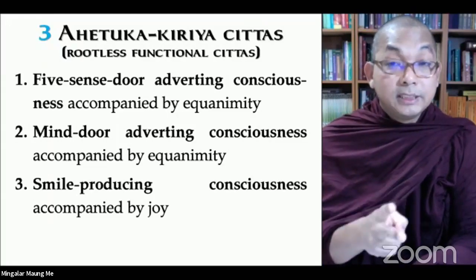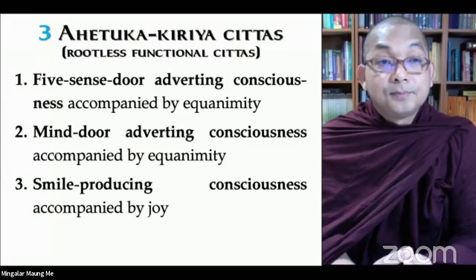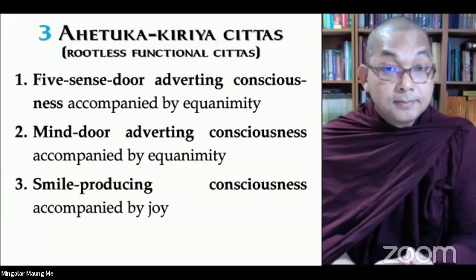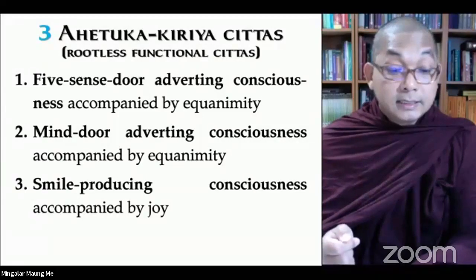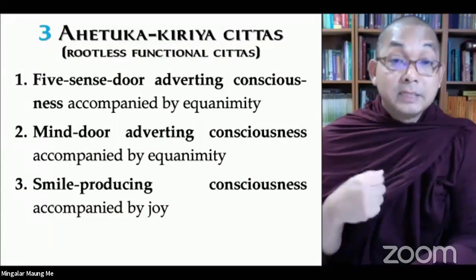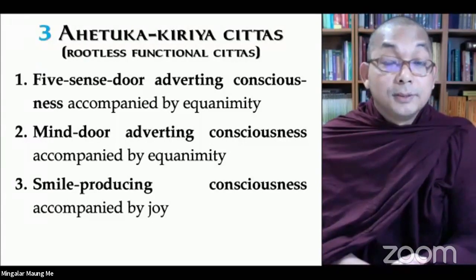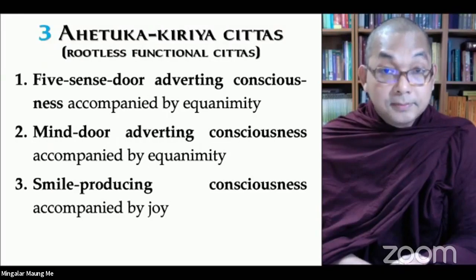These 2 kriya chaitas can arise in your mind, in my mind, and in the minds of Sotapanna, Sakadagami, and Anagami. But number 3, smile-producing consciousness, and the other 17 kriya chaitas arise only in the minds of Arahants and the Buddha.